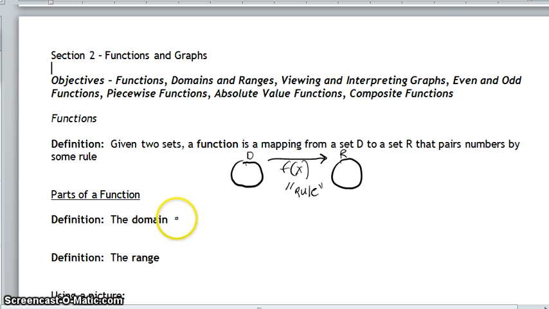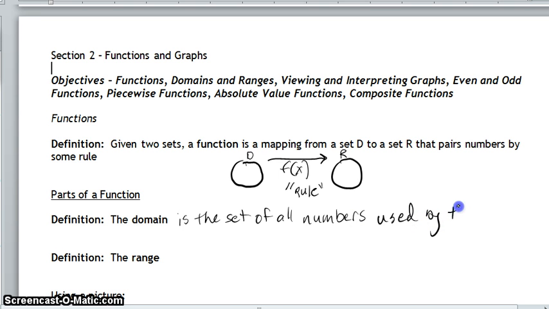And what the domain is, it is the set of all numbers used by the function. Okay, it's the set of numbers that the function can use.